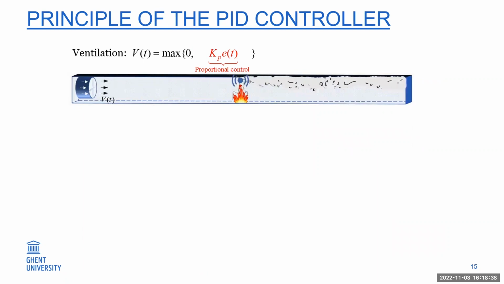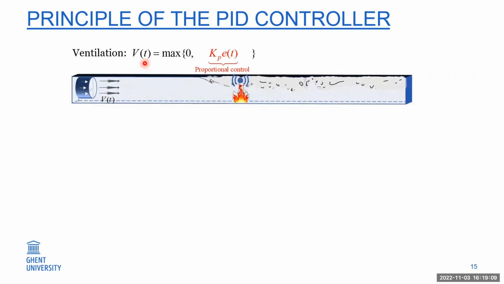Then I will introduce how the PID controller works for controlling the smoke movement. If we only use the proportional controller, if the smoke spreads upstream too much, then because the temperature is higher than the set point temperature, the error function will be very high. So the ventilation velocity increases as well.